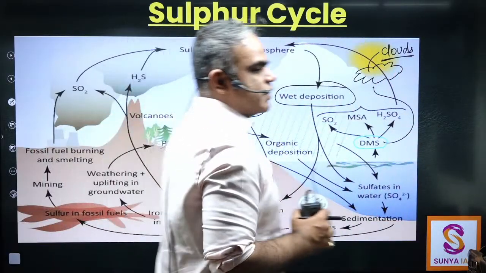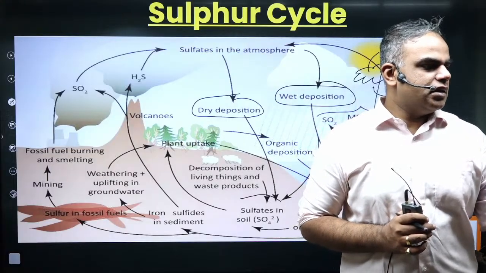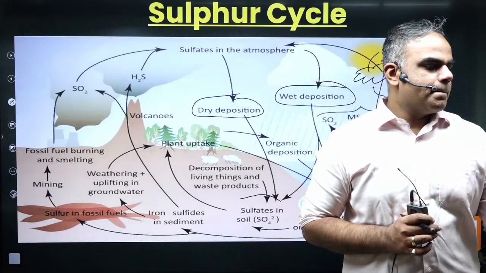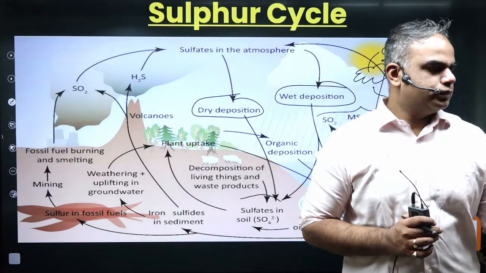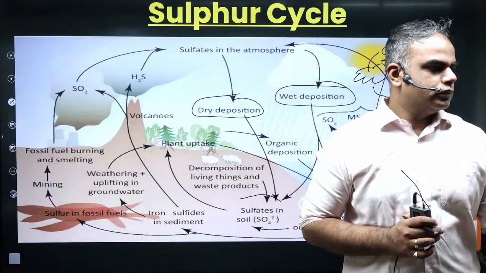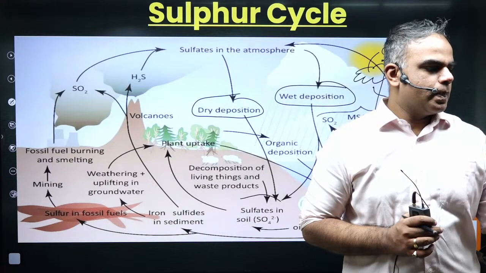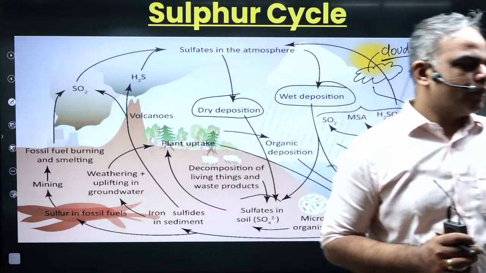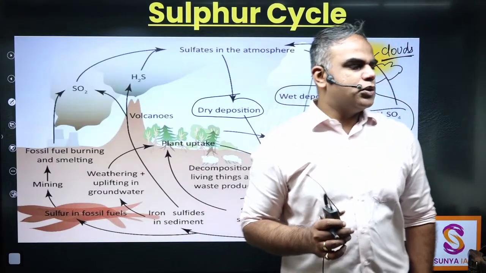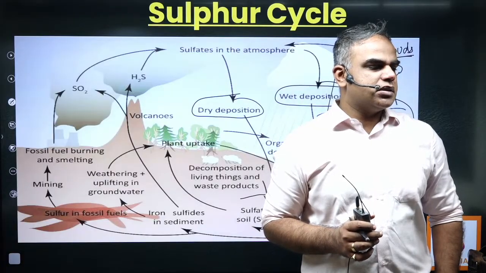To write this heading, sulfur cycle, a couple of points we'll write for the sulfur cycle. The first point is reservoir only, and after that we'll see some of the processes. Okay, so you can write: sulfur is stored in Earth's crust.